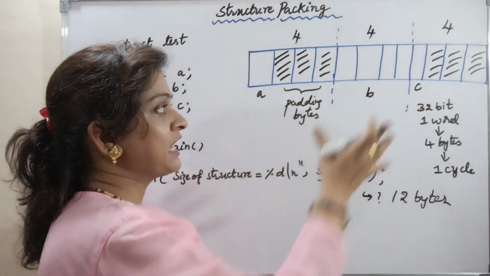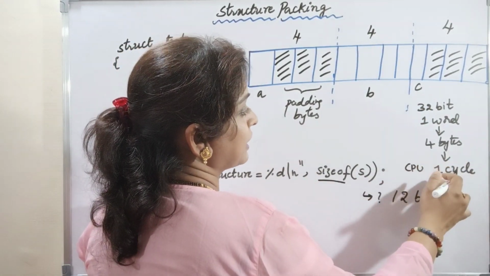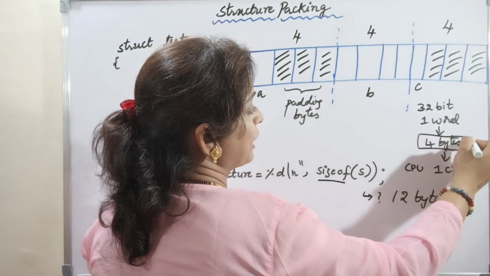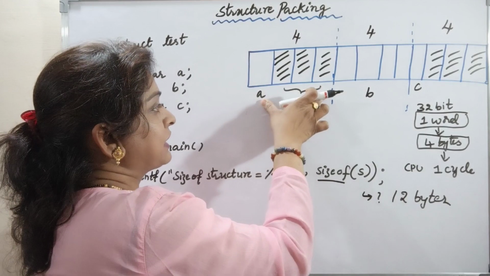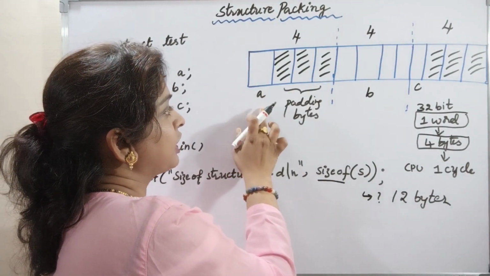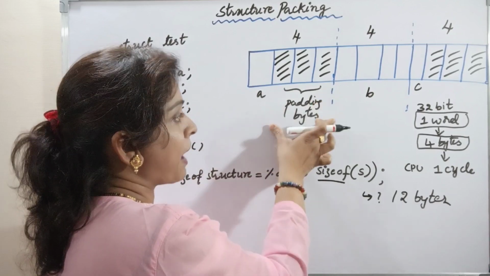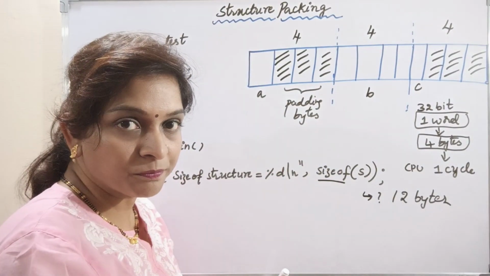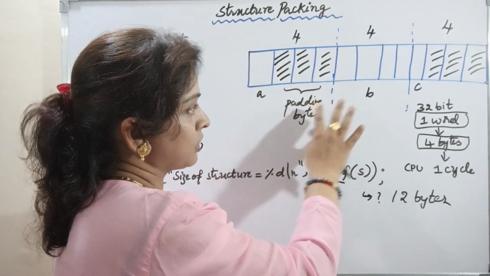The data is aligned in such a way that when the CPU fetches in one cycle, it is going to fetch 4 bytes of data, that is one word. Here the character requires 1 byte, and the remaining 3 bytes will be padded automatically by the compiler. So the memory is getting wasted here. 3 bytes are wasted here.